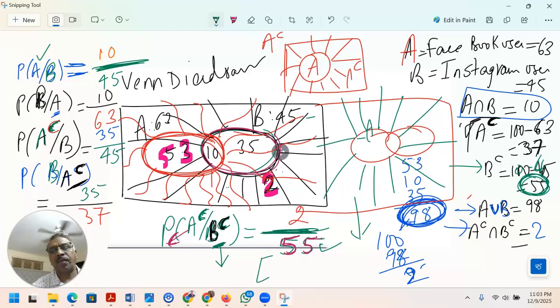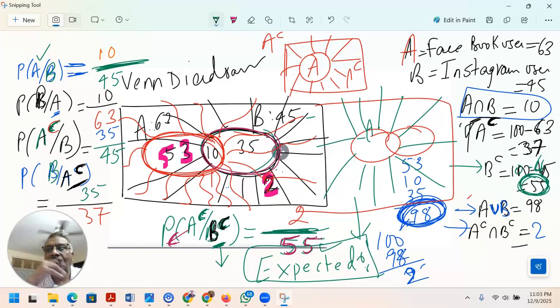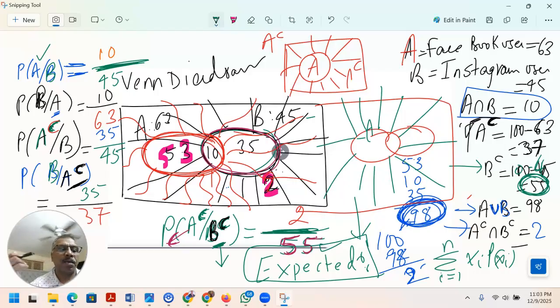Today we have also seen expected value, and how to do a lot of problems based on this. I will make another video on some problems on expected value, the summation of xi times probability of xi, meaning on average, if you were to play the game, how much do you end up losing or winning in dollars?